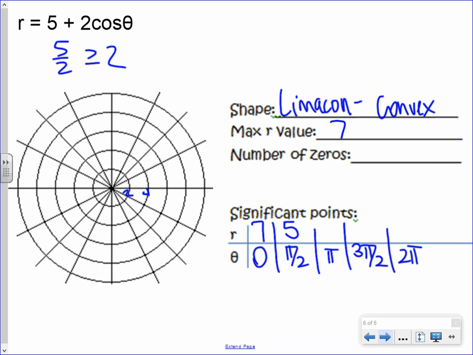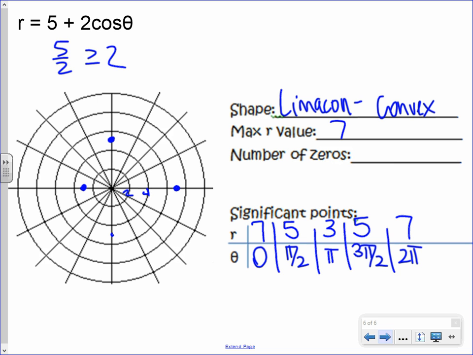So we have 5 plus 2 times -1. At 3 pi over 2, the cosine is 0. So we have another 5. And then at 2 pi, we're back to where we started. So at 0, we have 7. At pi over 2, we have 5. At pi, we have 3.